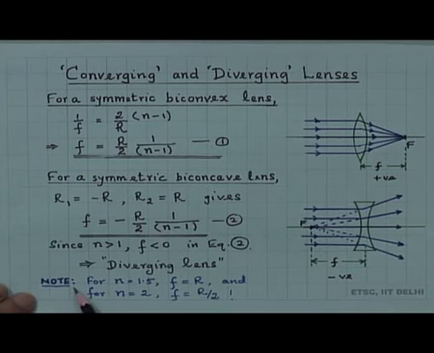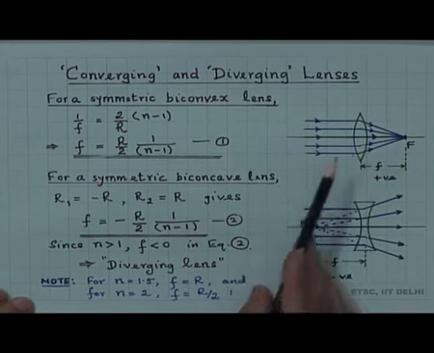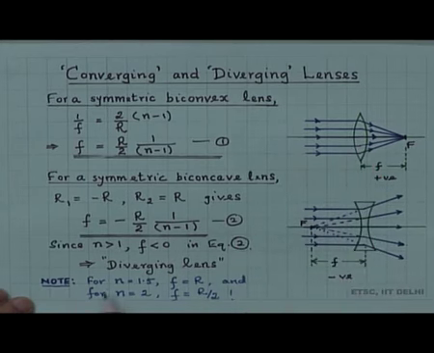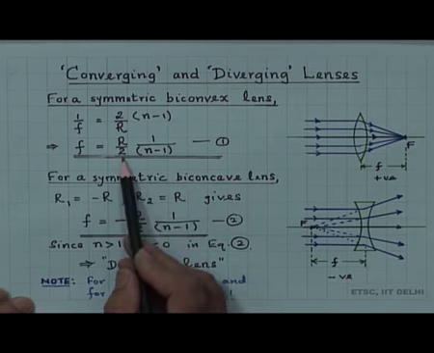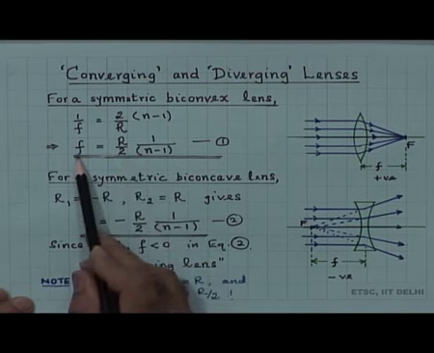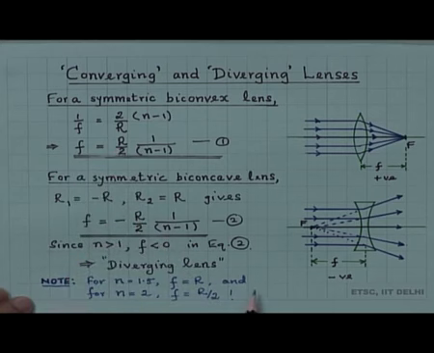Note something interesting. Consider the biconvex lens: for n equal to 1.5, f is equal to R. With n equal to 1.5, n minus 1 is 0.5, multiplied by 2 is 1. Therefore the focal length is equal to the radius of curvature, whereas for n equal to 2 the focal length is equal to R by 2.